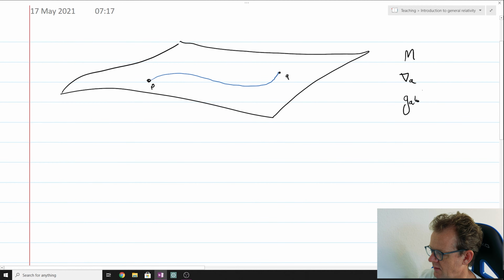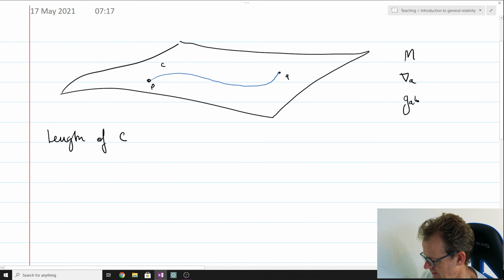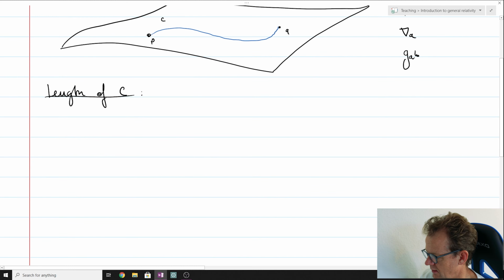So the data of a derivative operator is roughly speaking equivalent to the data of a metric, but let's be explicit here. So we have ourselves a curve, let's call it C. We have 2 points, P and Q, we have a metric, we have a derivative operator, we have a manifold, and we can introduce the length of the curve C, which we've discussed previously, intuitively in previous lectures.